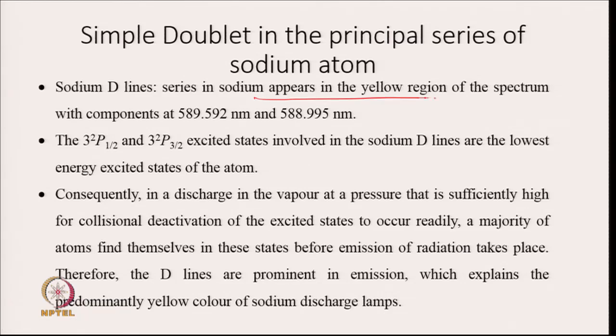The series in sodium appears in the yellow region of the spectrum with components at 589.592 and 588.995 nanometer.